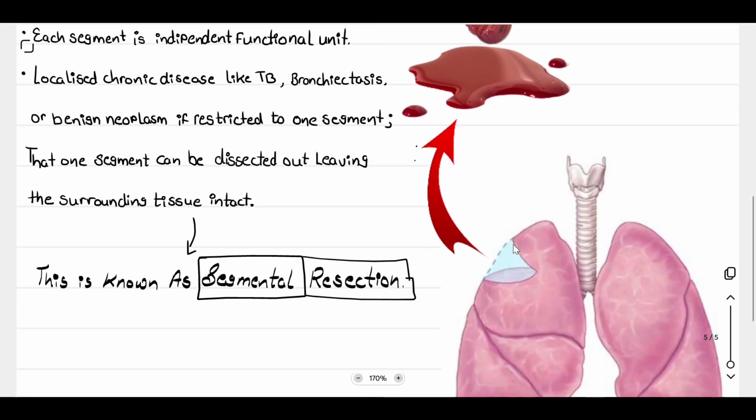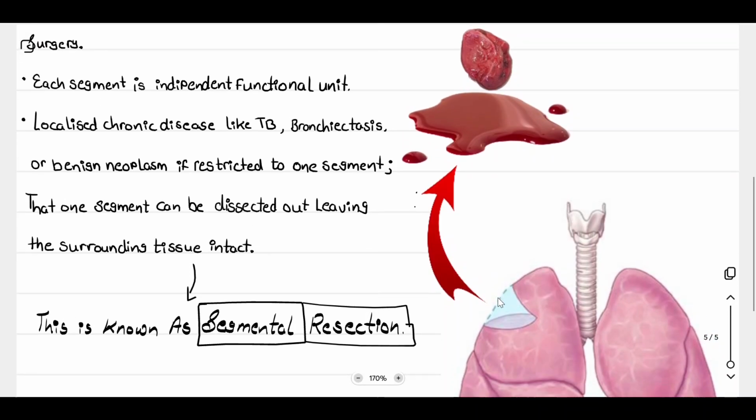So here, if this one segment got necrosed or is suffering from chronic disease like TB or bronchiectasis, and the surgeon decides to cut out this part, he can easily take out this diseased segment and leave the surrounding healthy tissue intact, as this segment has its own arterial supply, own nerve supply, and this kind of surgery is known as segmental resection.